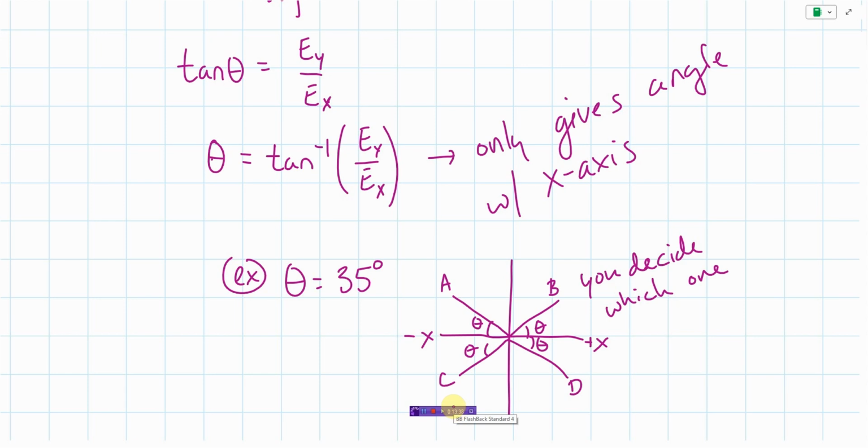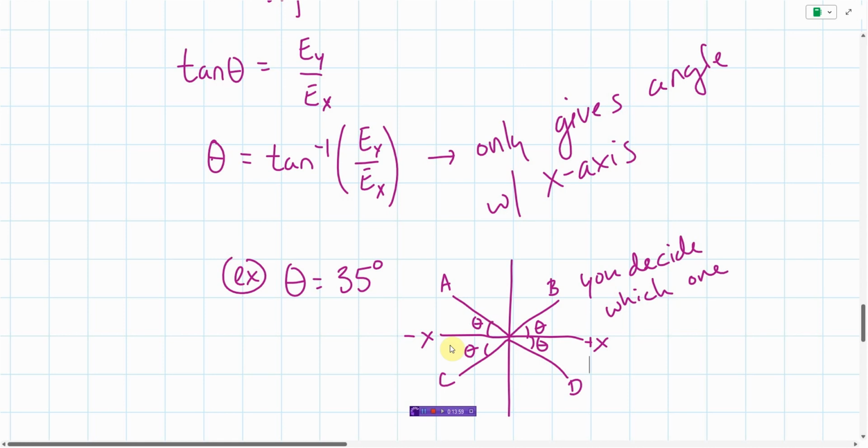D, I might describe as 35 degrees below the horizontal, or below positive horizontal. I've even seen kids say things like C is 35 degrees below left. That's fine. Below left is fine.